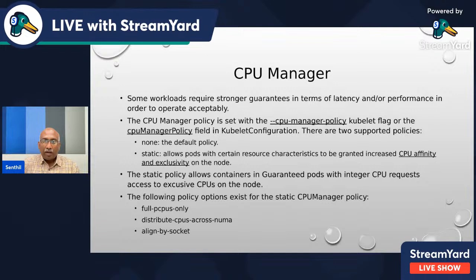But this is all fine. However, there are some workloads cropping up which need very strict allocation of CPUs. What I mean is that the way the OS manages CPU allocation, and takes the liberty to shift the process among the various CPU cores, might not be suitable for certain kinds of workloads.